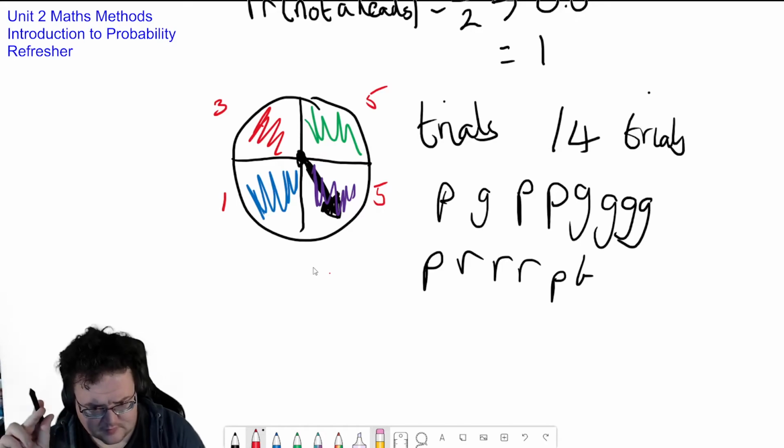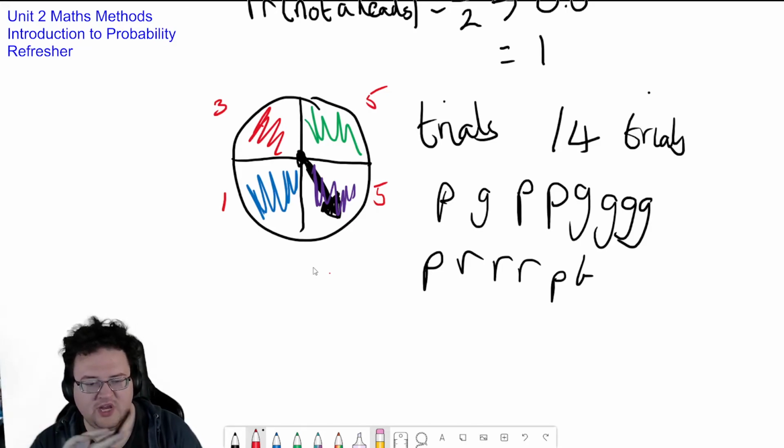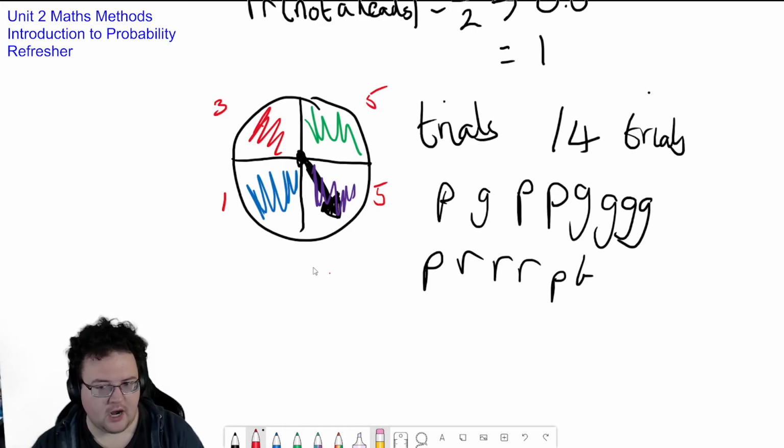Now, some of you might be saying 1 out of 4 because there are only 4 possible outcomes on there. But again, we don't know if this thing is what is called fair. All right? Something is fair if all outcomes are equally likely. Flipping a coin, fair. Only 2 possible outcomes.